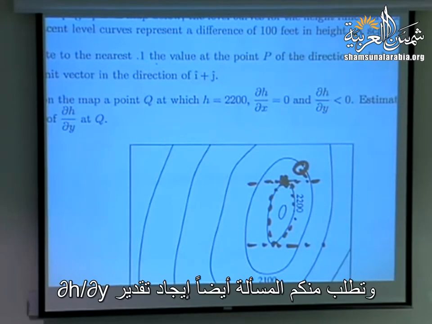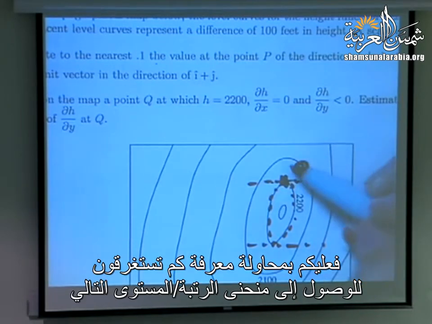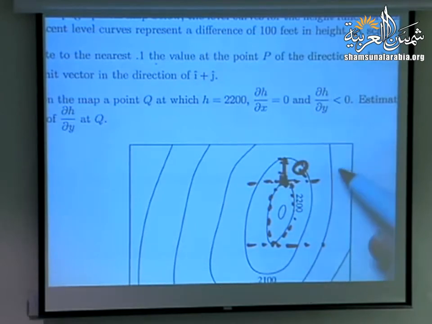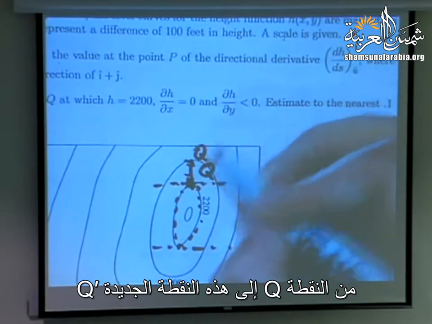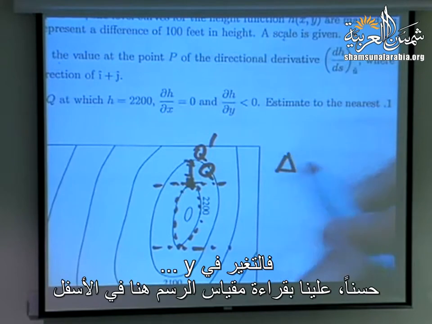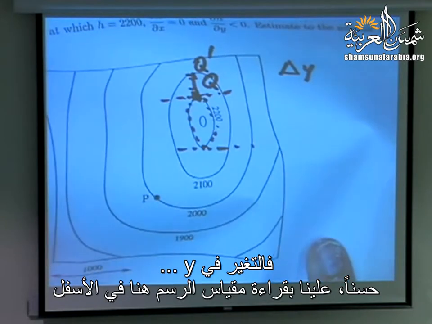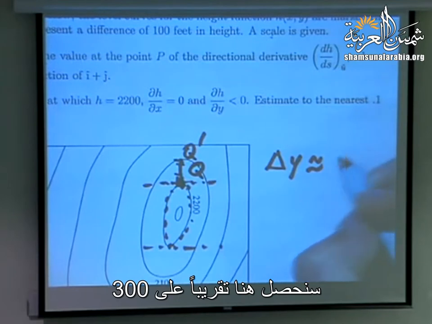The problem was also asking you to estimate partial h, partial y, and just if you're curious how you would do that, you would try to figure out how long it takes before you reach the next level curve. To go from q to this new point, say q prime, the change in y, you'd have to read the scale, which was up and down here. That would be about something like 300.